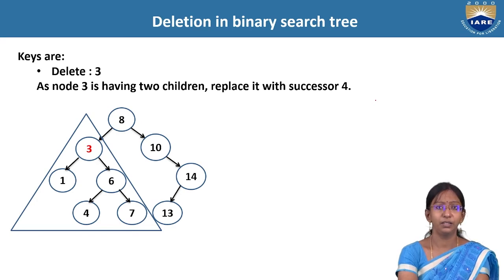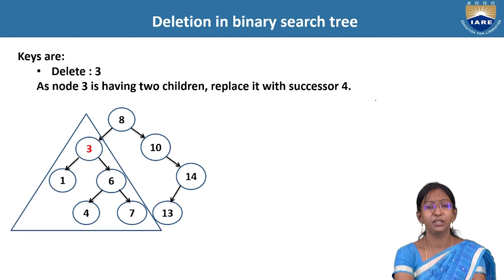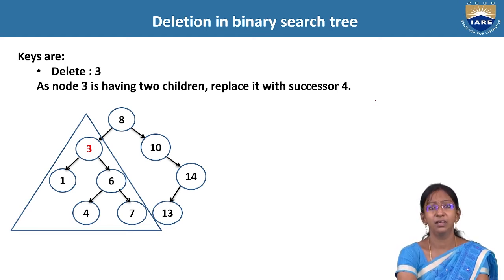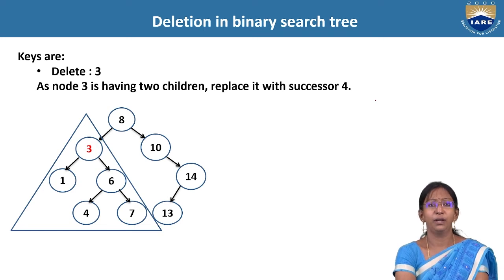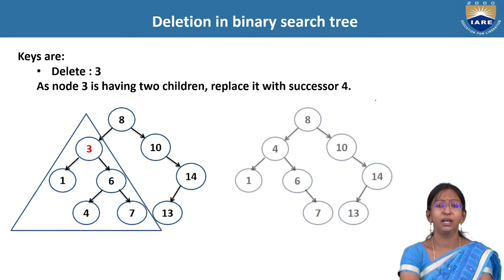So for example, in this tree, if you want to remove 3, in its left subtree, the rightmost element is 1. In its right subtree, the leftmost element is 4. So you can replace it with either 1 or 4. Here I have chosen 4 and I have replaced it.